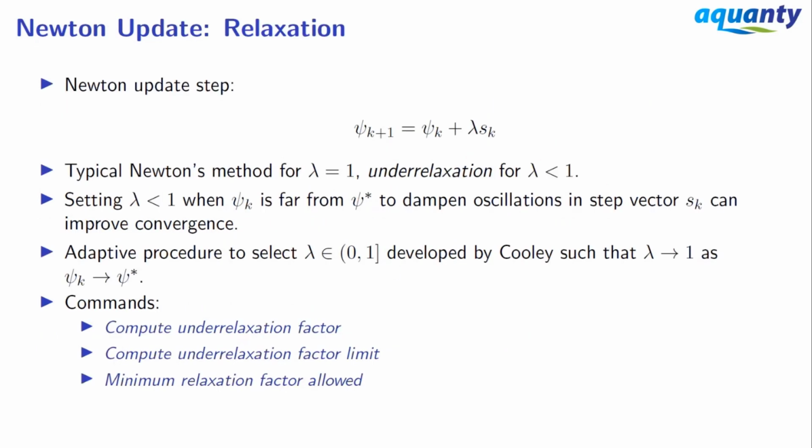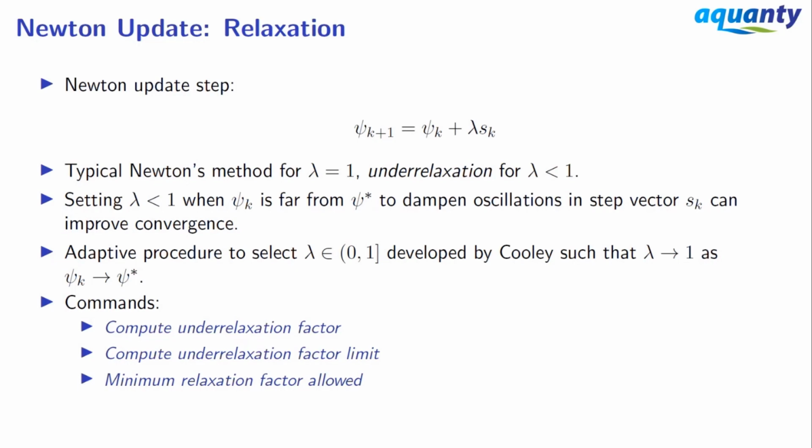The Newton update step optionally uses an under-relaxation factor when computing the updated iterate. Typically, you want to use a value of lambda equals 1, so you're using a full Newton step. However, it may be necessary to choose smaller steps to dampen oscillations, which can help improve convergence.